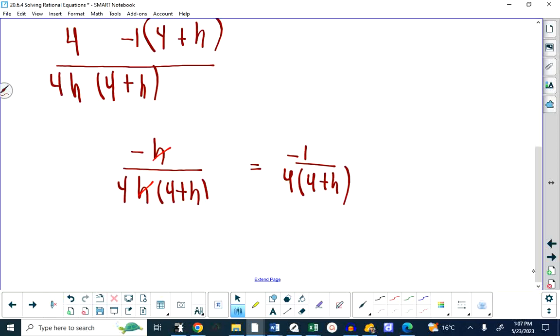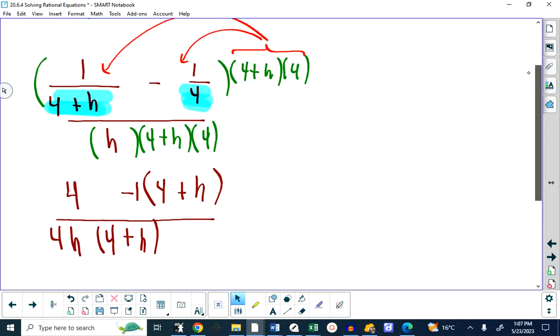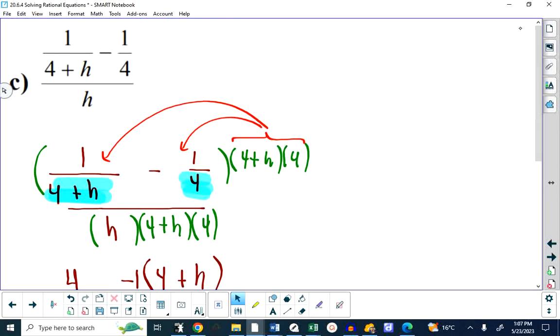Okay. And clearly, if you look at that, negative 1 over 4 times 4 plus h, and you compare it to where we started, considerably simpler. All right, we are going to move on now.